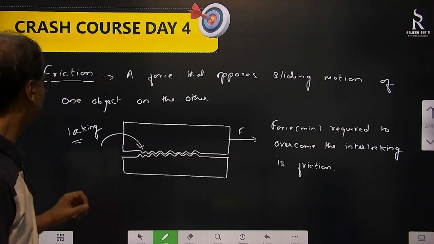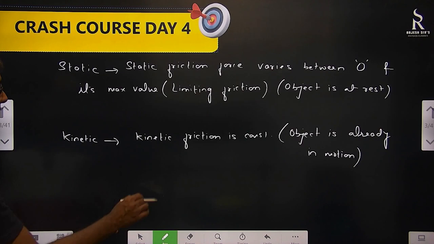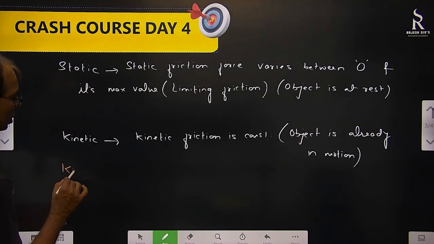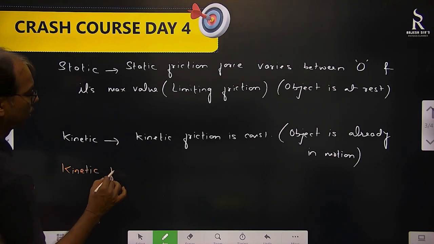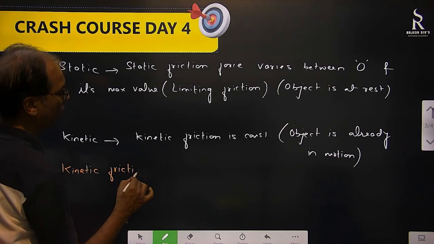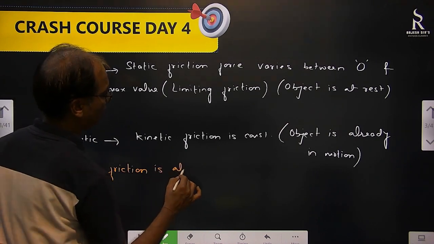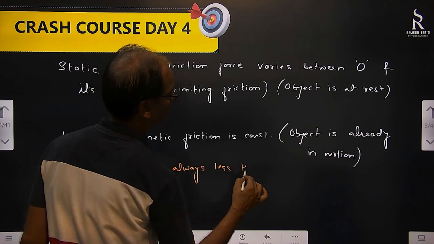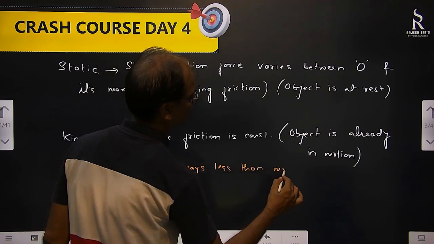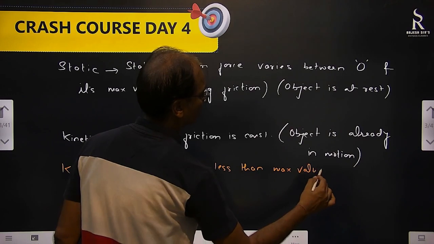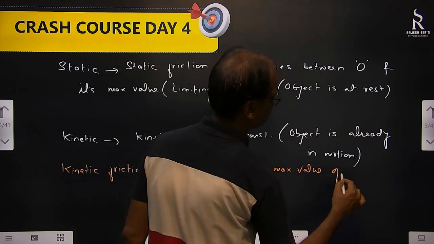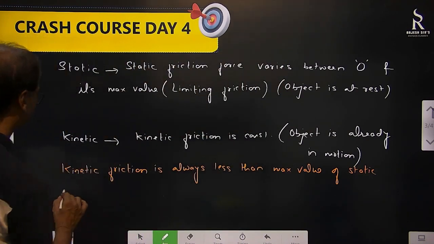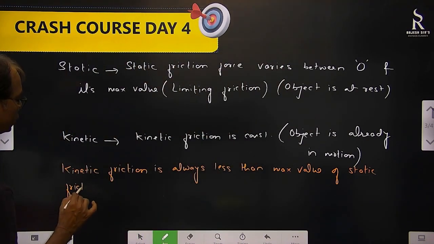That's why we always say that kinetic friction is always less than the maximum value of static friction, which is called limiting friction.